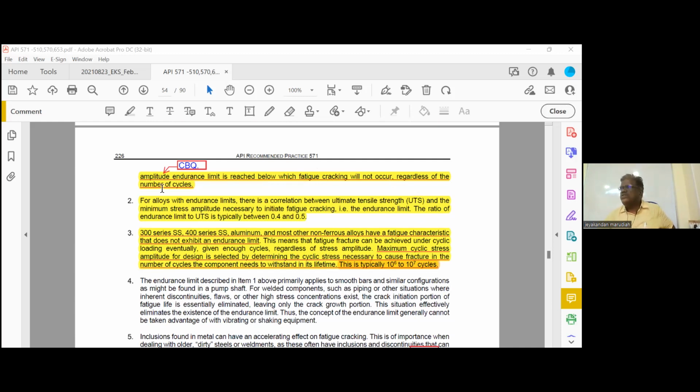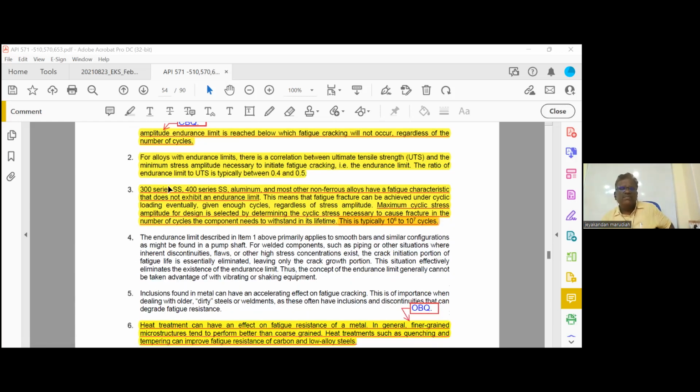So below the endurance limit, fatigue cracking will not occur in carbon steel and titanium. Then 300 series, 400 series SS, aluminum, and most other non-ferrous have fatigue characteristics that do not exhibit an endurance limit. And highlight this next line. Maximum cyclic stresses for design are selected to determine the cyclic stresses, typically 10 to the power 6 to 10 to the power 7 cycles. Stainless steel, there is no endurance limit.